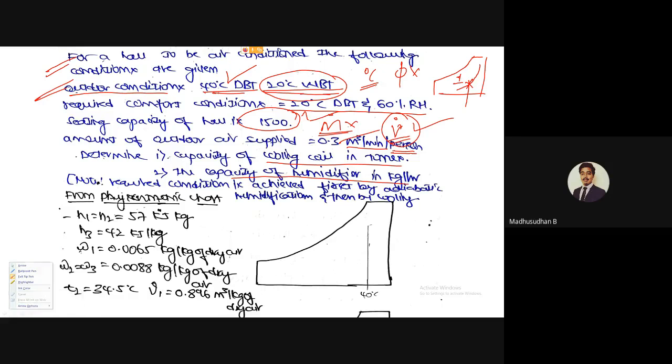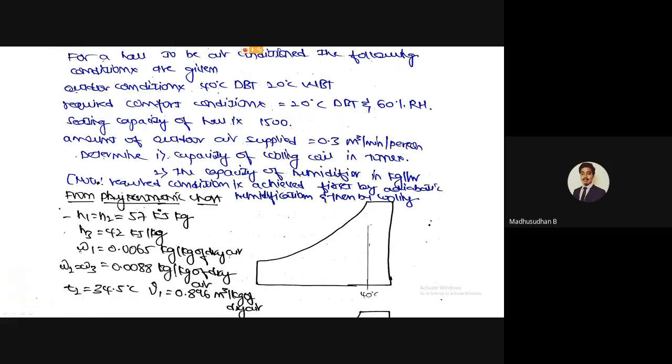First we will try to analyze. If you try to plot this particular curve, first look here. I will be drawing it on the skeleton psychometric chart first, then we'll go for the real psychometric chart. So the first condition given is 40 degrees Celsius DBT, 20 degrees Celsius WBT. What you have to do is first draw the 40 degrees Celsius line on the psychometric chart.